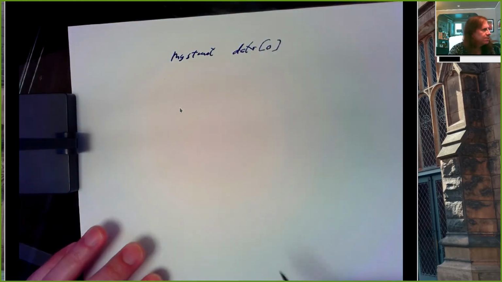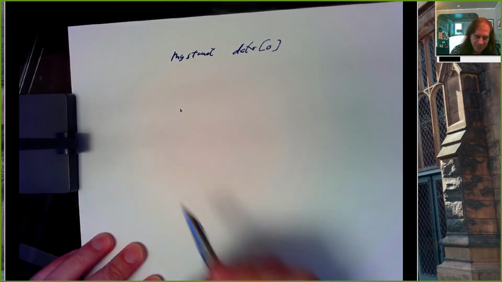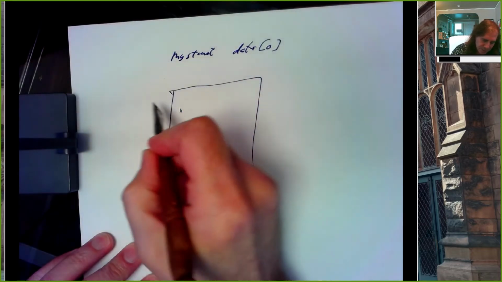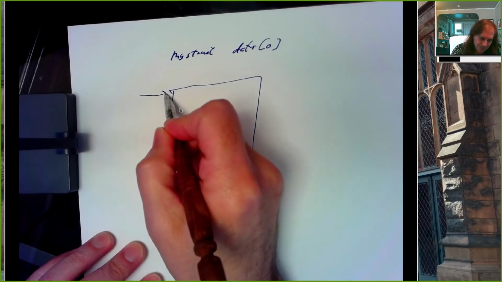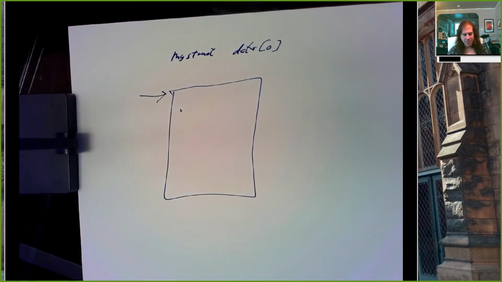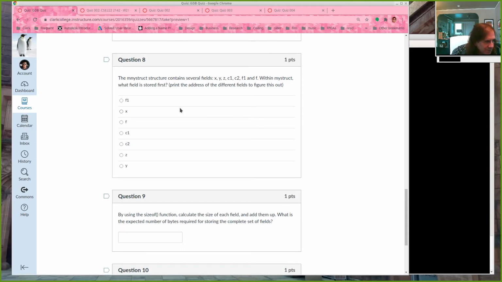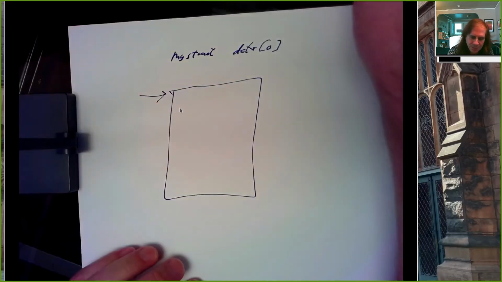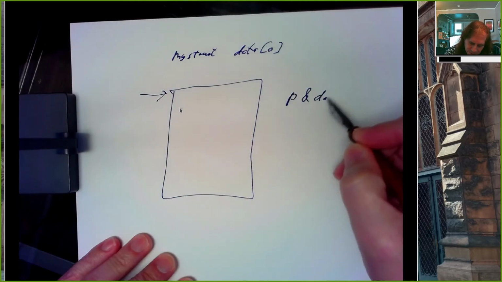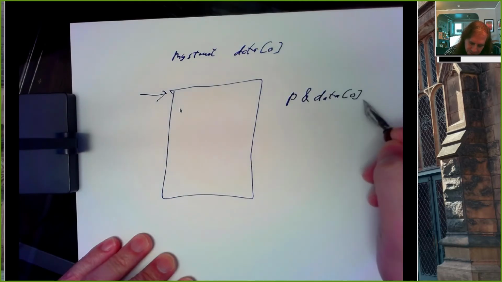Pick one element of your data array, like data bracket 0, and print its address. Figure out where that structure begins. And now if you want to know about the field called F1, what can you do? You can say print the address of data bracket 0 dot F1.